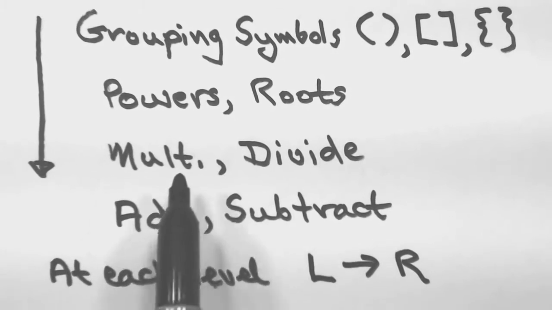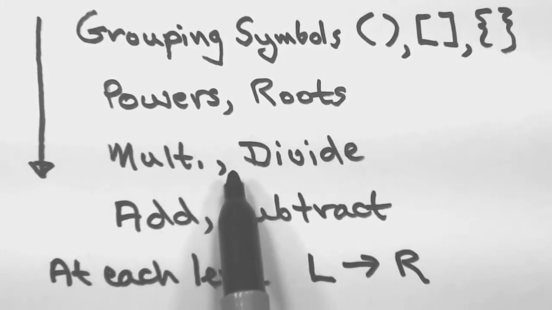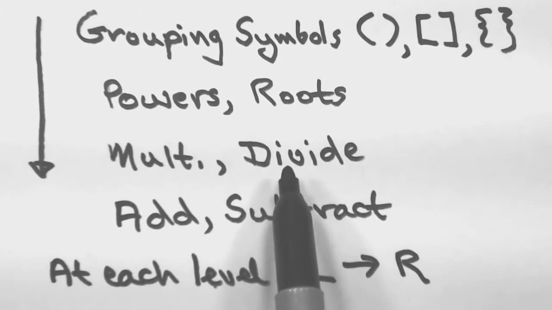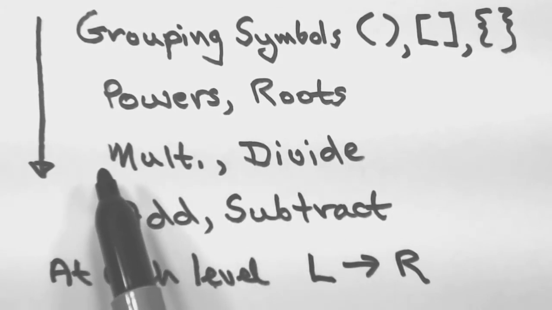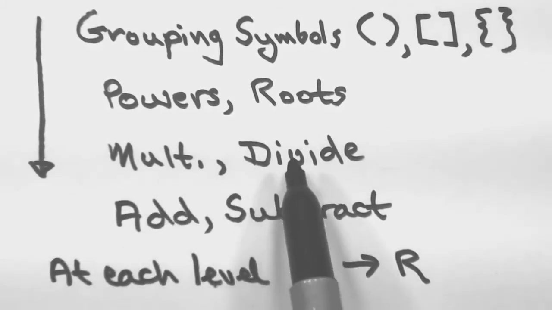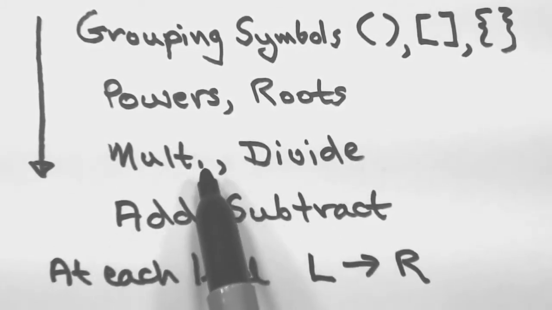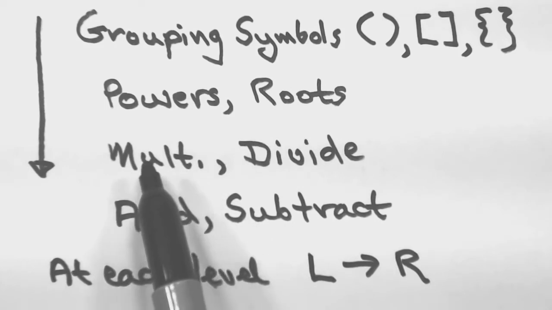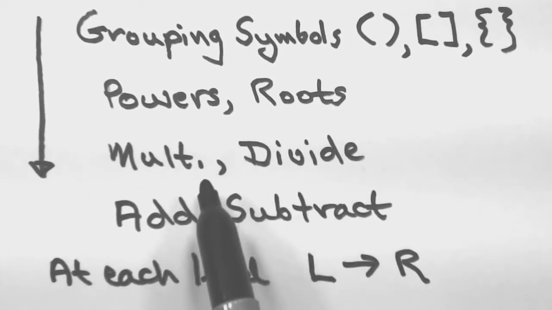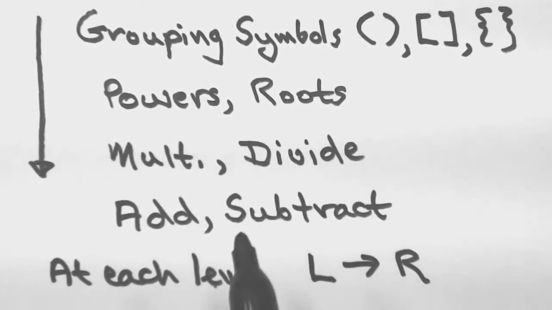So, for instance, if you were at the level with multiplies and divides, and there were a whole bunch of these to do, whoever was on the left, you'd do first, even if that was a divide. Remember, multiply and divide are of exactly the same importance, so the key is you progress from left to right at each level. Okay, remember that.